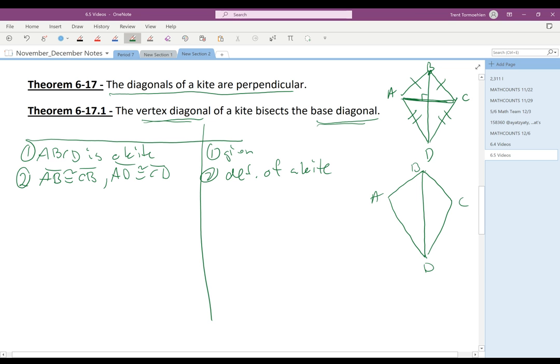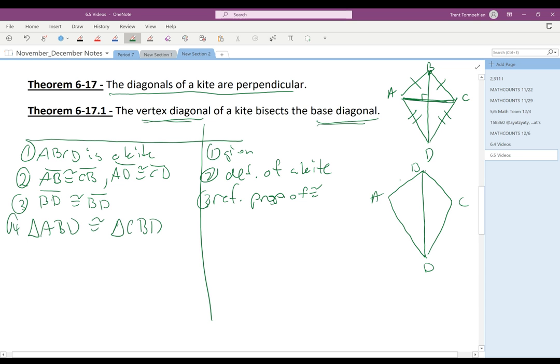If we take a look at that, then using the fact that BD is congruent to BD by the reflexive property, we can easily show that triangle ABD is congruent to triangle CBD. That's by side, side, side.